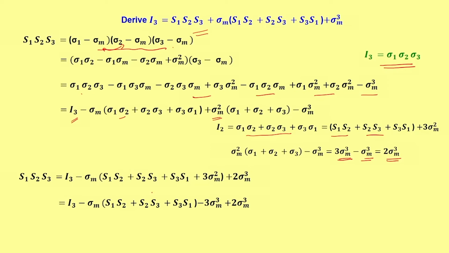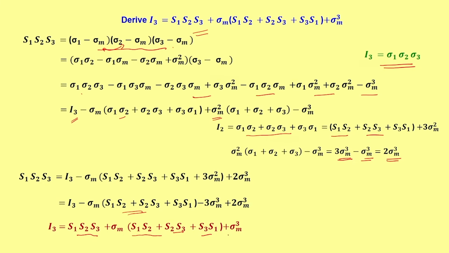So, if you do this operation, it will be minus 3 sigma m cube plus 2 sigma m cube. So, we are very close to the answer now. We have I3, you take all these components on the other side, it will be S1 S2 S3 plus sigma m on the other side, sigma m into S1 S2 plus S2 S3 plus S3 S1 plus this will be minus sigma m cube.